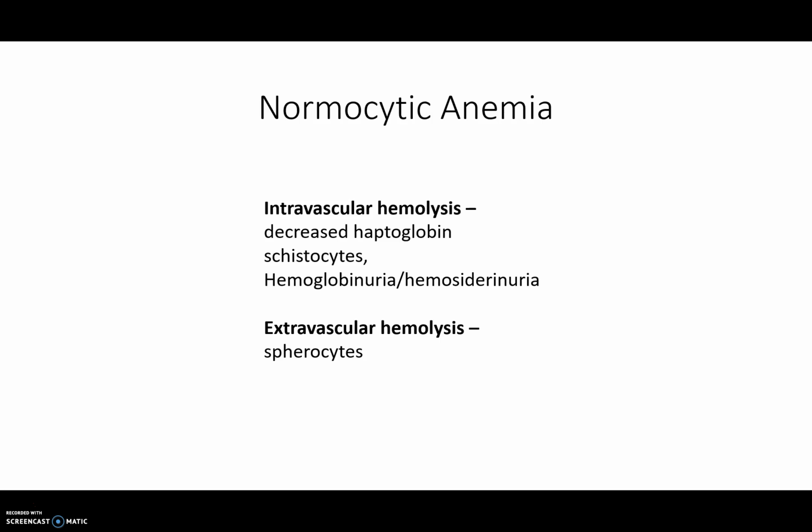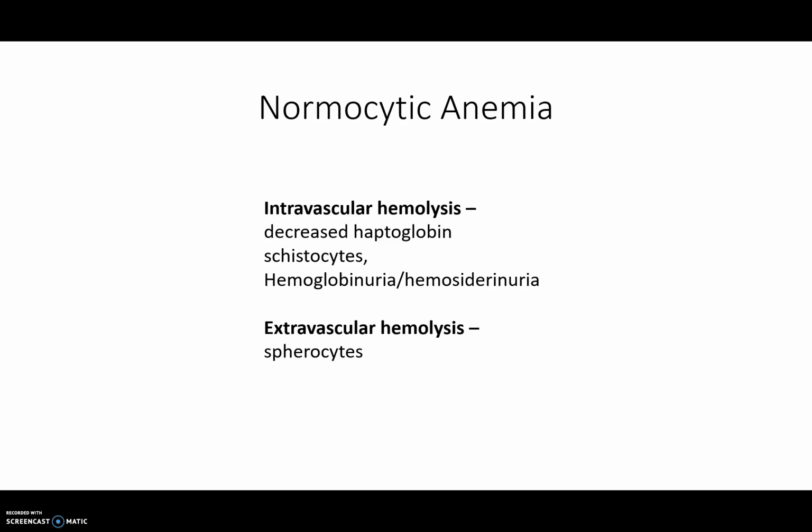For your hemolytic anemias, let's talk about intravascular hemolysis versus extravascular hemolysis and the things you're going to see. So intravascular, remember that's inside the vessels themselves. You'll find decreased haptoglobin, schistocytes, because those red blood cells are basically being cut apart.